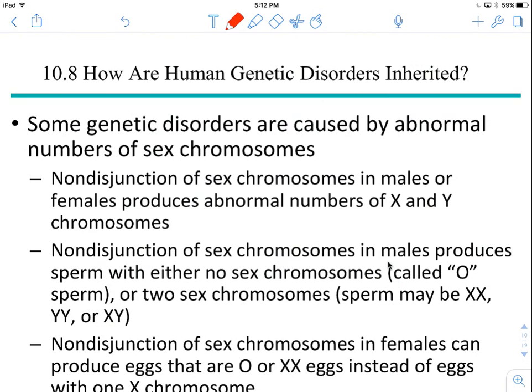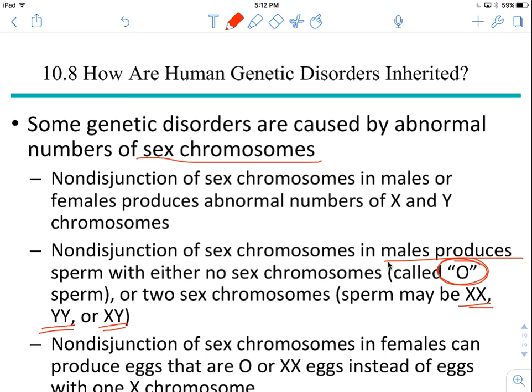Okay. Some genetics, we're going to look first at non-disjunction in sex chromosomes. This can happen in males or females. You can get non-disjunction in males producing sperm with either no sex chromosomes, which is a 0, or 2 sex chromosomes. You can get XX, XYY, or XY.